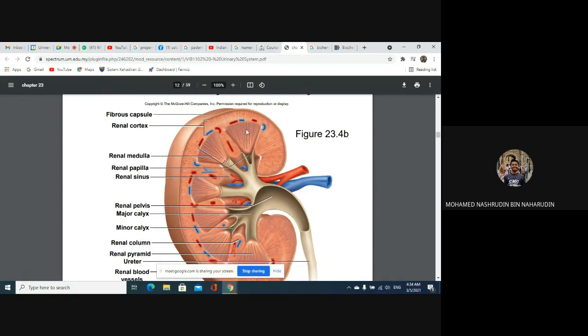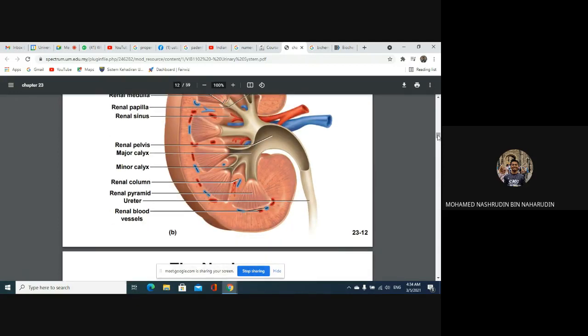So this is where the filtration happens within the nephron. The nephron is the blood filtration unit. So yeah, one unit of nephron.